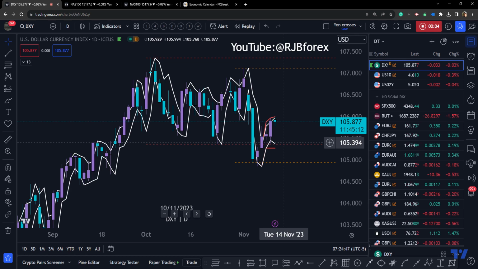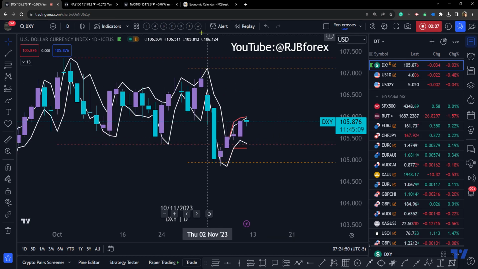Let's start with a snapshot of the US dollar.